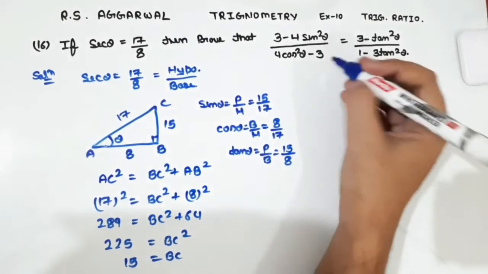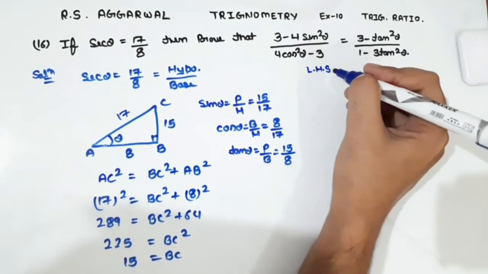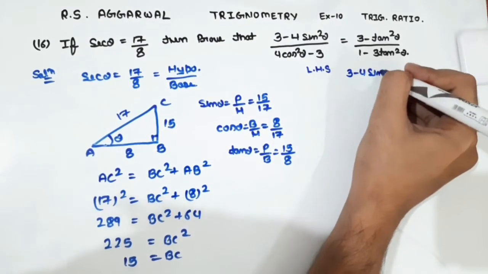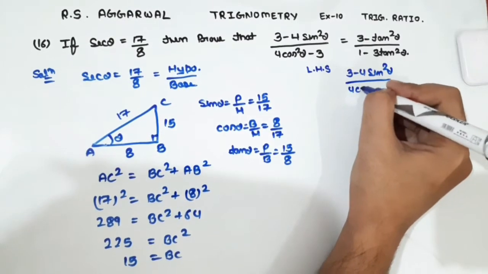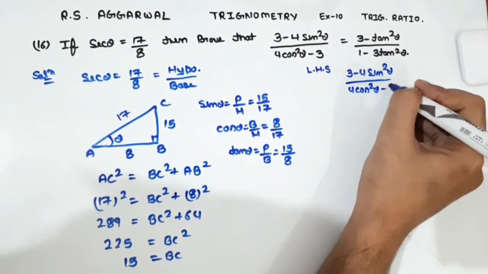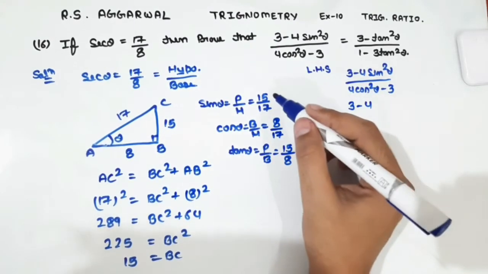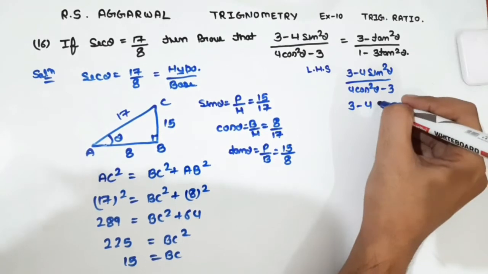Firstly we will take the left hand side. So (3 minus 4 sin square theta) upon (4 cos square theta minus 3). Sin theta is 15 upon 17, so sin square theta is (15 upon 17) square.